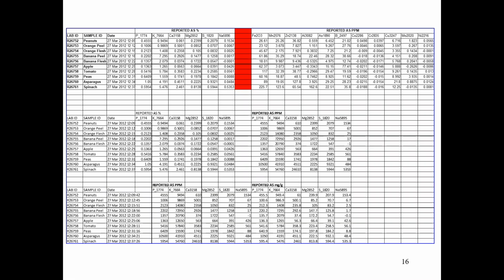Whereas in AA, if you're going to analyze sulfur, what do you need to do? What needs to happen to your setup in order for you to analyze sulfur? Under what wavelength conditions would you analyze this?